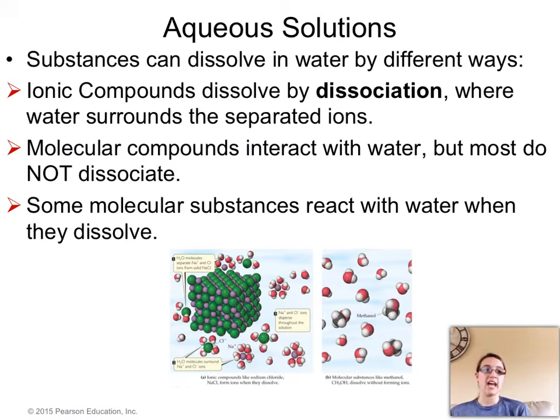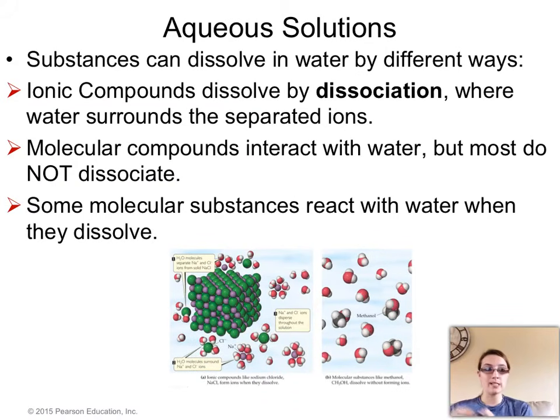The negative oxygen is going to be surrounding the positive sodium, and the positive hydrogen will surround the negative chlorine. And this, again, solvates the ions. It surrounds itself with water. Now, molecular compounds interact with water, but most molecular compounds do not dissociate.